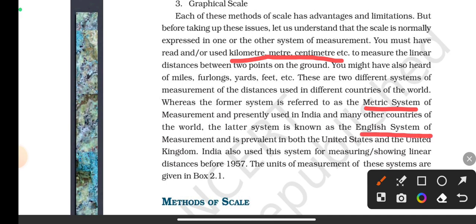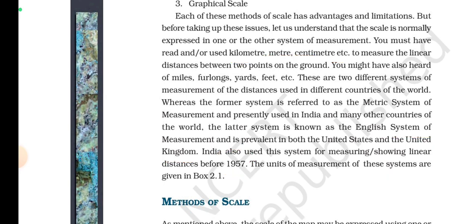It is prevalent in both the United States and the United Kingdom. India also used this system for measuring or showing linear distance before 1957. The units of measurement of these systems are given in box 2.1. So before 1957 we also used the English system.